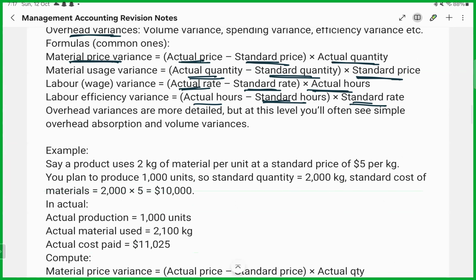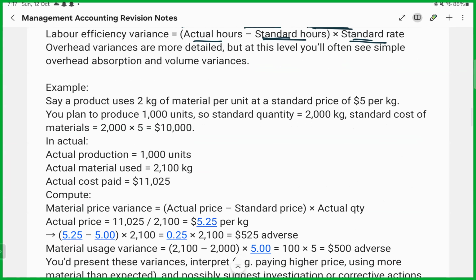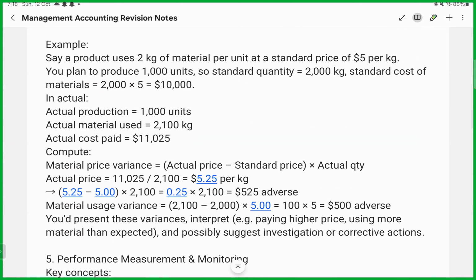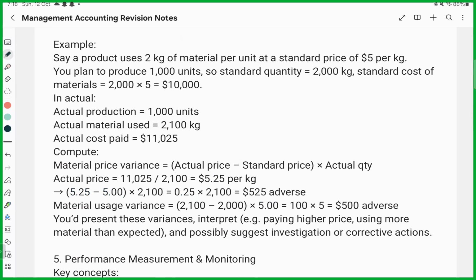Now let's see with an example. Say a product uses 2 kgs of material per unit at a standard price of rupees 5 per kg. So this is my quantity and this is my price.